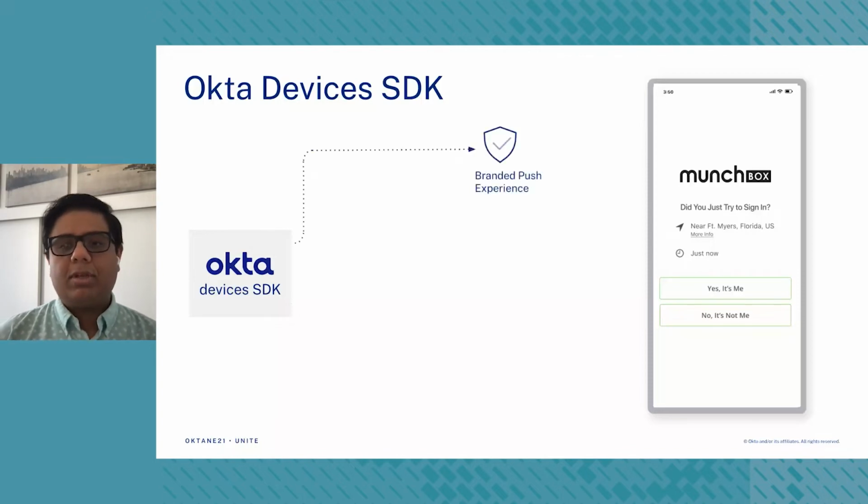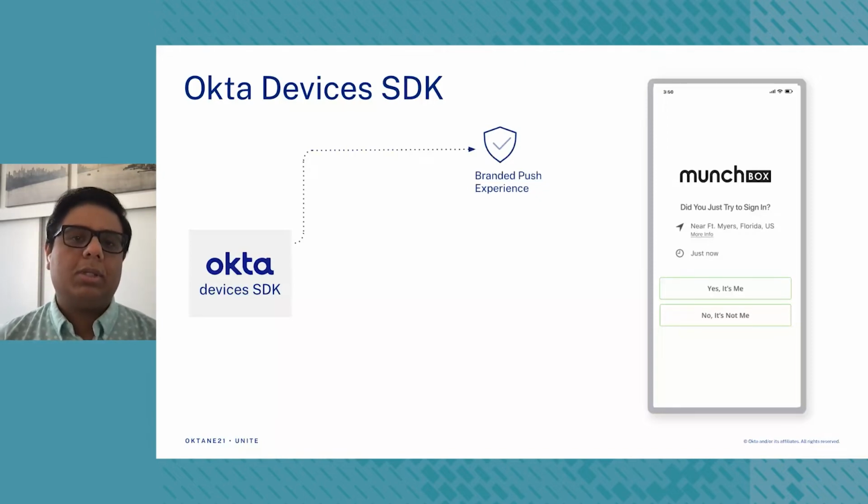This means, first and foremost, you can now have fully branded push experiences right in your application. Looking at the screenshot on the right, you can see that Munchbox, if they were to integrate with our Devices SDK, can now offer these push notifications that are very specific to their application.